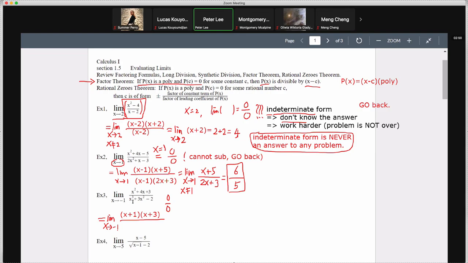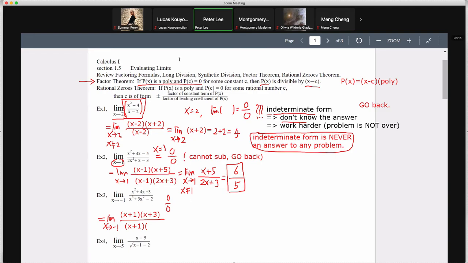Okay, so now if you look at the denominator, we plug in -1, we get a 0. That means the denominator also has a factor x plus 1. But now we don't know what the other guy will be. So how do you find the other factor in the denominator? Now this is cubic. Divide by x plus 1. In this case, we know that there is no remainder because when you plug in, we get 0.